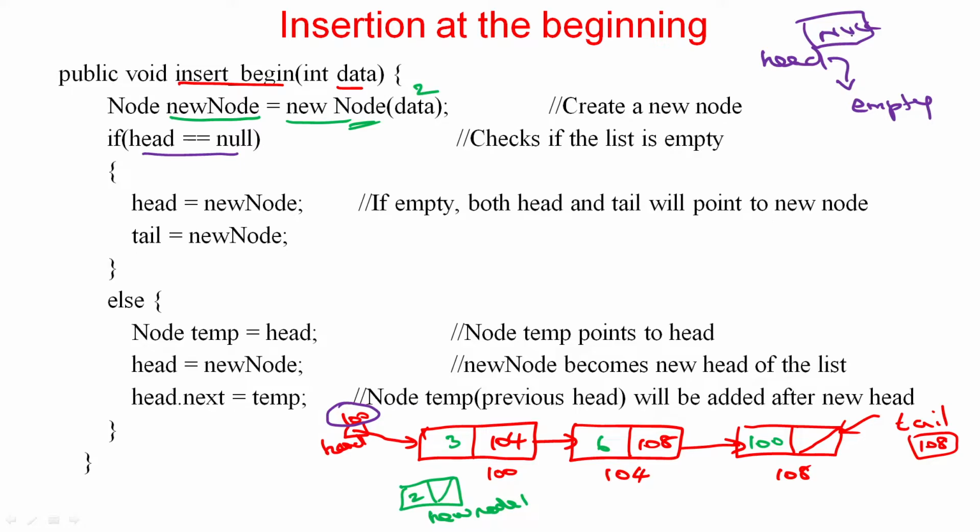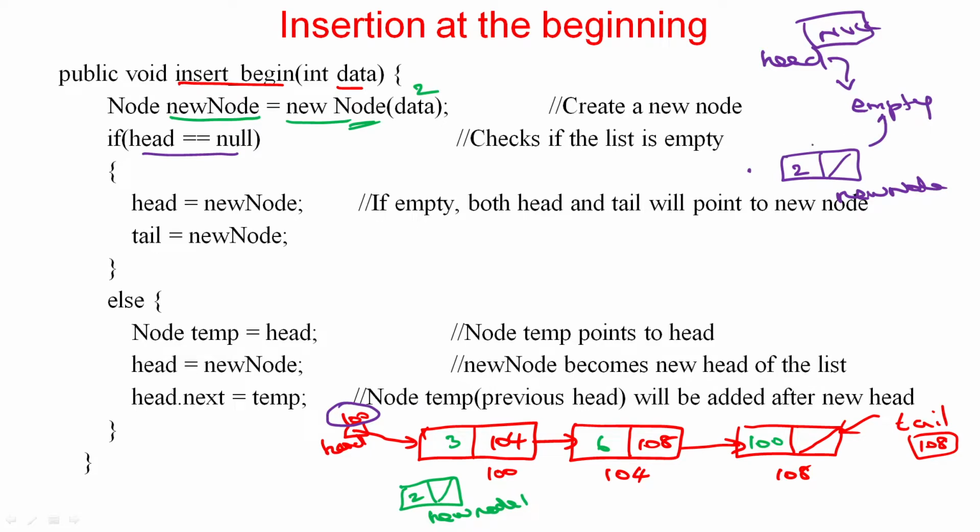So if it is the case, then my newly created node has null here and has 2. If head is null, then head will be the new node. This new node has to be joined into the list.